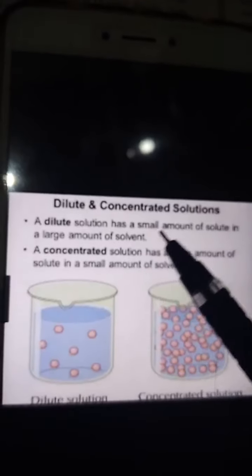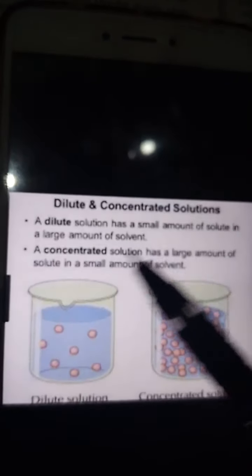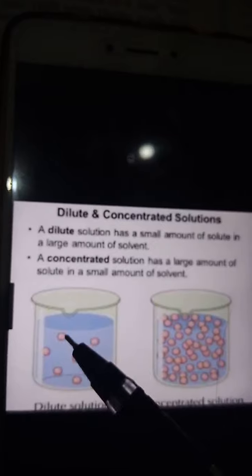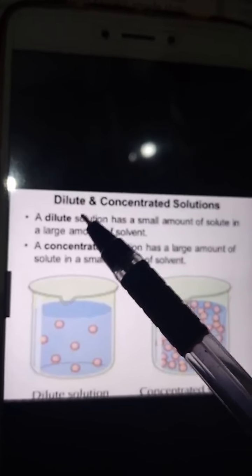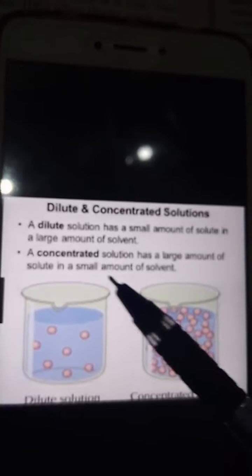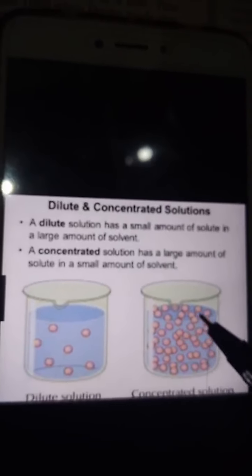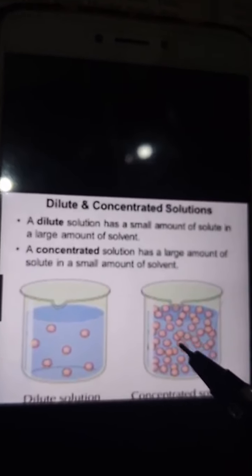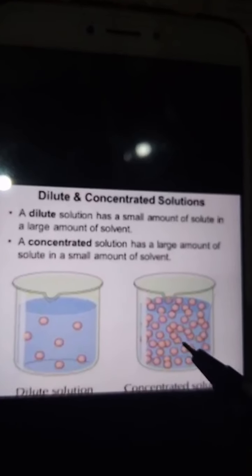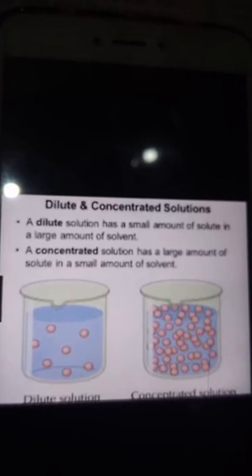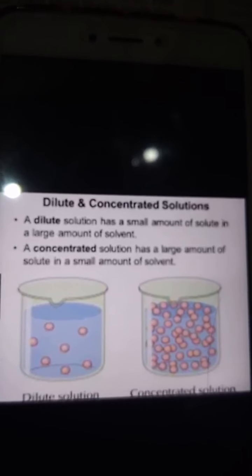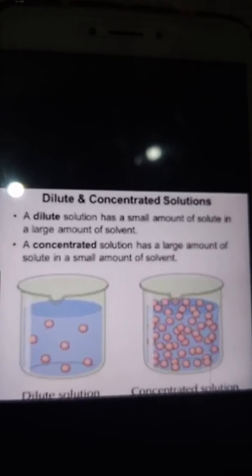When there is a small amount of solute present in a large amount of solvent, such a solution is called a dilute solution. And when there is a large amount of solute in a small amount of solvent, then it is the concentrated solution.